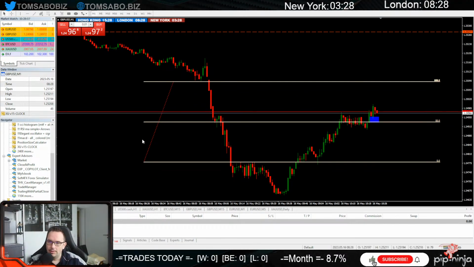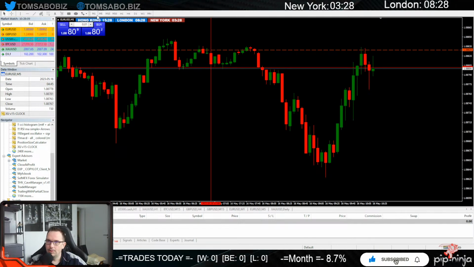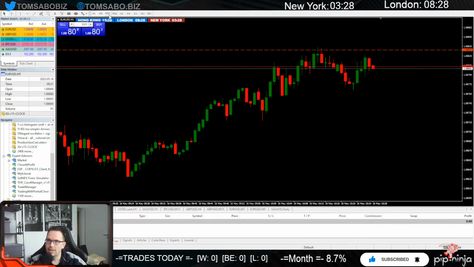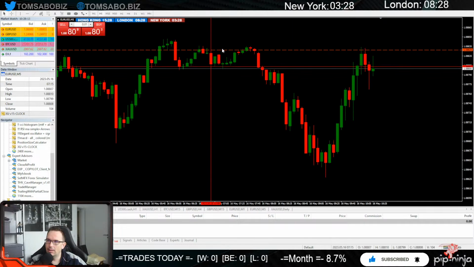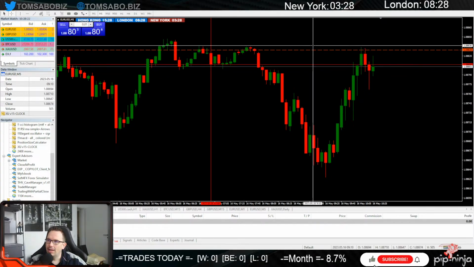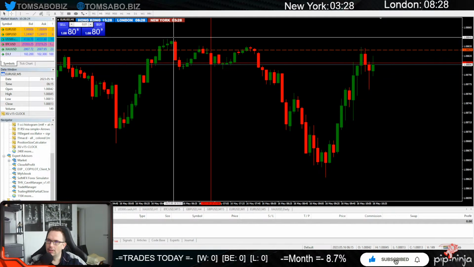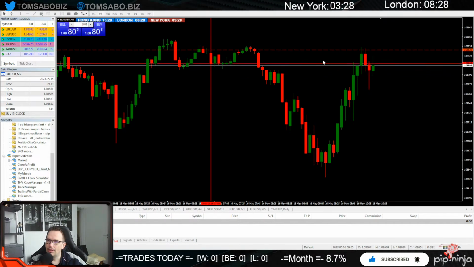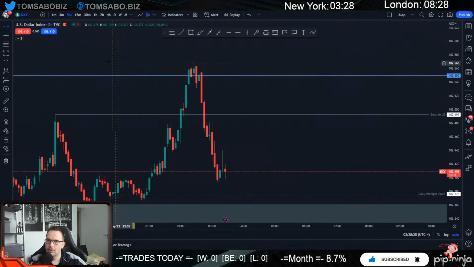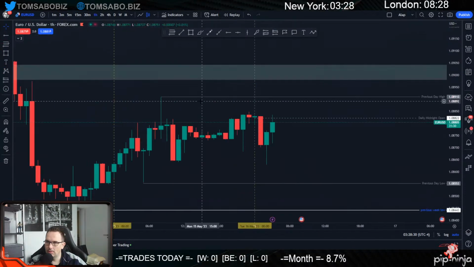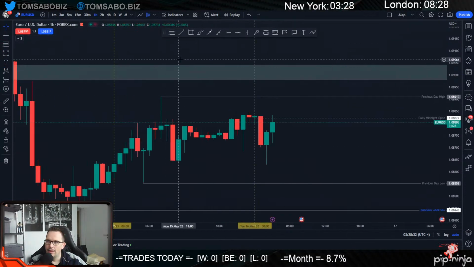I'm not sure. Let's check the euro. Euro silver bullet. I don't see any silver bullet. This line here is the New York midnight open. Didn't really take out any liquidity here or here or here. So that's no man's land. Let's go to TradingView. Let me show you a little bit here.